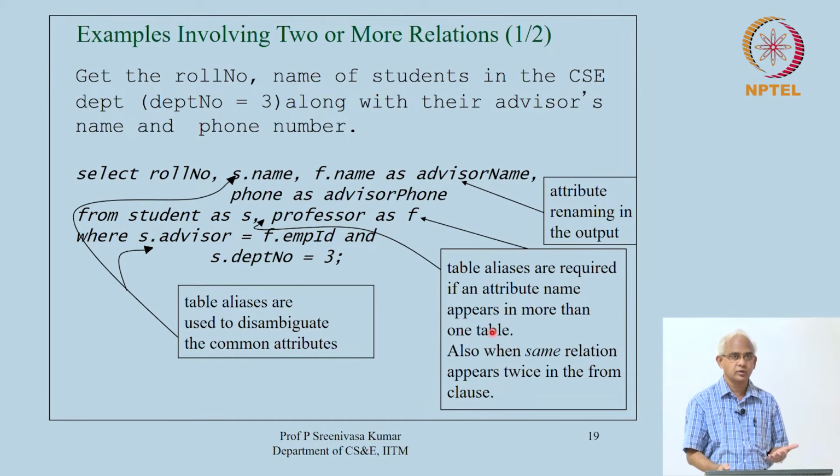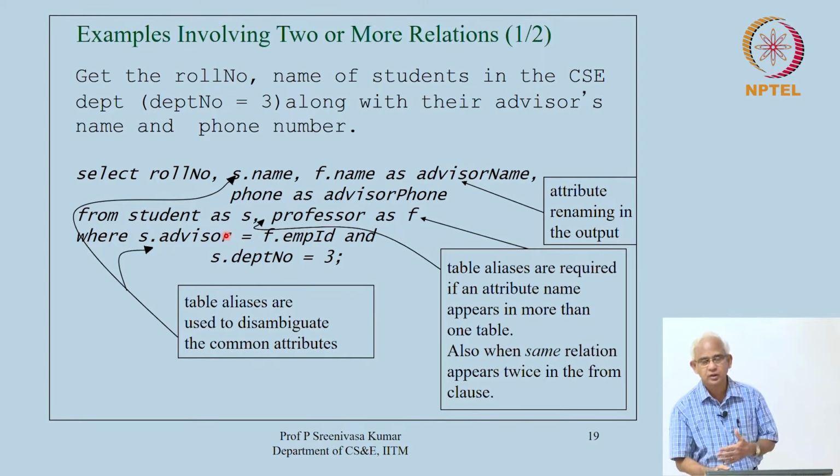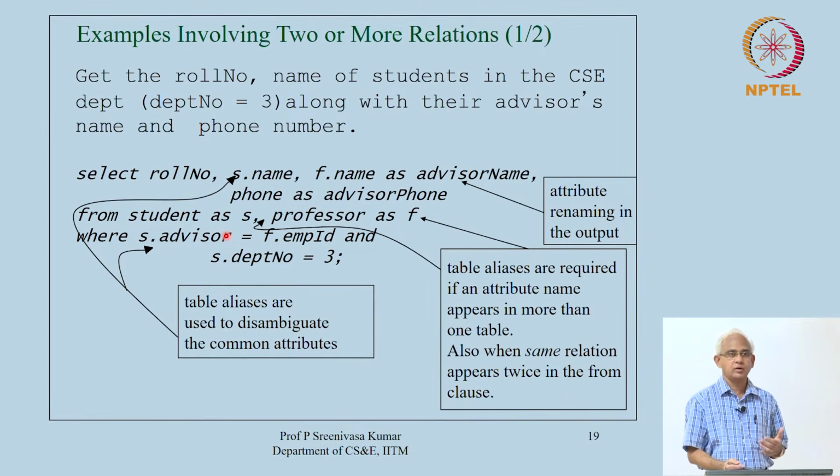For example, when you are trying to compute prerequisites of a course or something like that, then you will need to use the course table playing the role of a course and playing the role of a prerequisite, right. So it is appropriate to introduce table aliases for that.